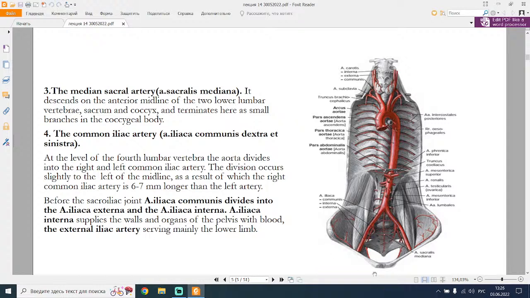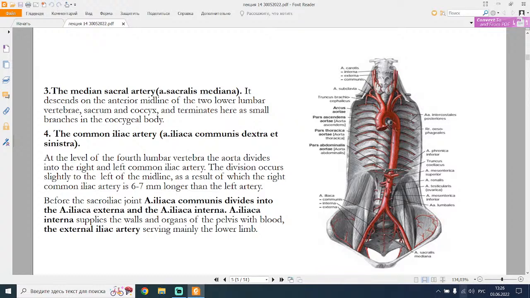At the level of the fourth lumbar vertebra, the aorta divides into the right and left common iliac arteries. The division occurs slightly to the left of the midline, as a result of which the right common iliac artery is 6-7 millimeters longer than the left artery.